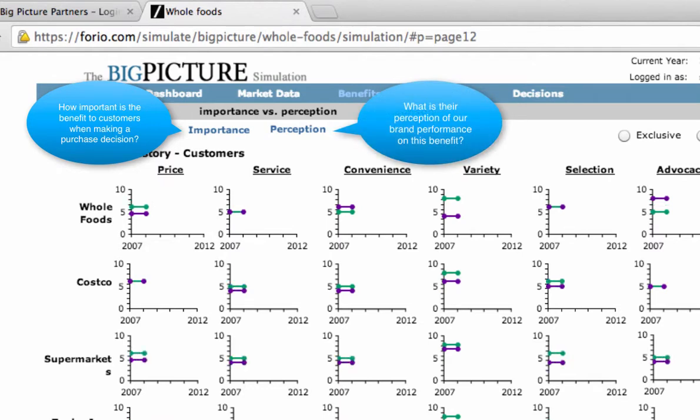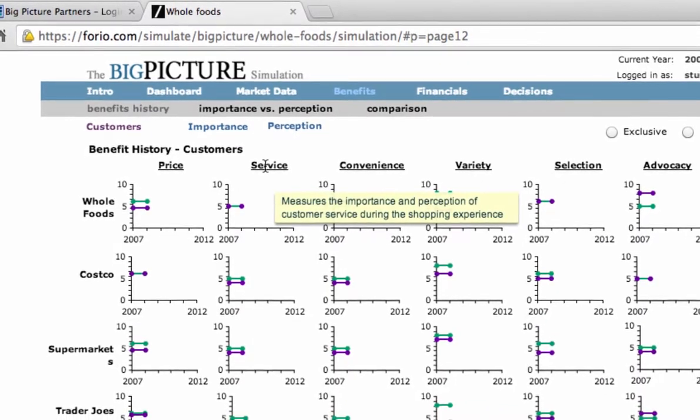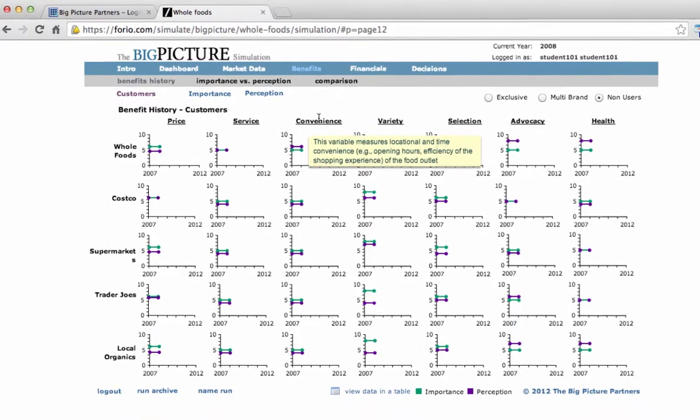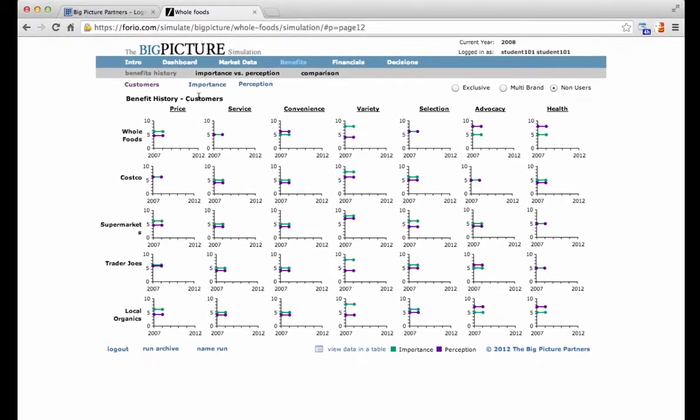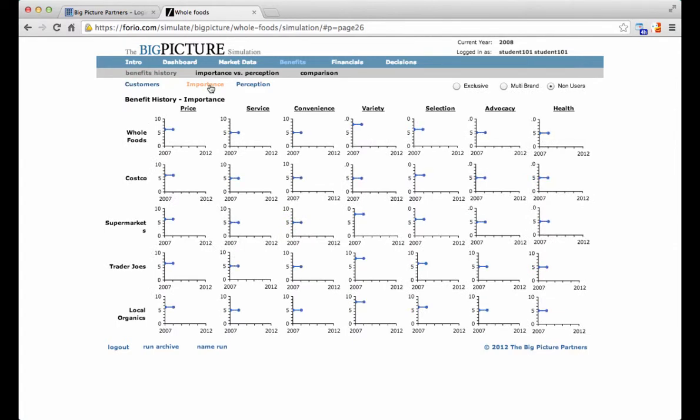So these charts are presented by benefit, with the benefits running along the top, and defined. And then on the side, we show the different competitors. As the years go, this chart will populate from 2007 to 2012.